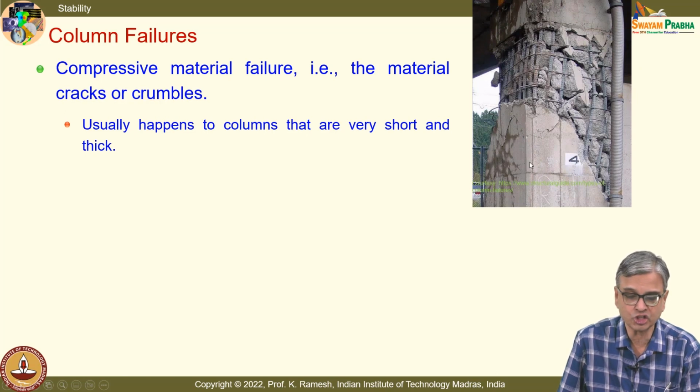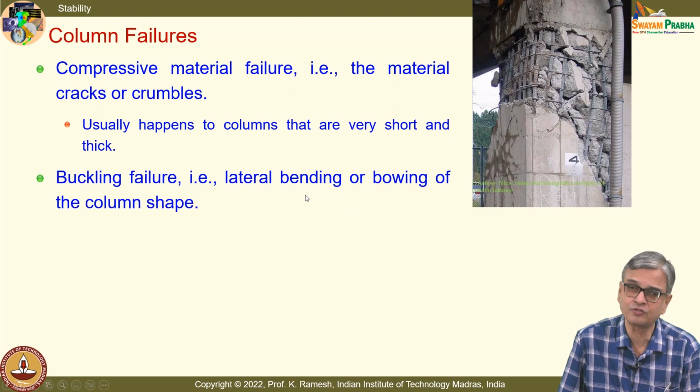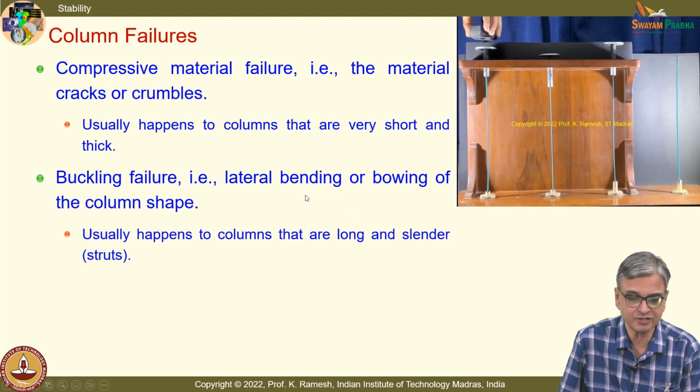When I have a short column, you can have a compressive material failure. It usually happens for columns that are very short and thick, it just crumbles. You also have what is known as a buckling failure. It is called lateral bending or bowing of the column shape.